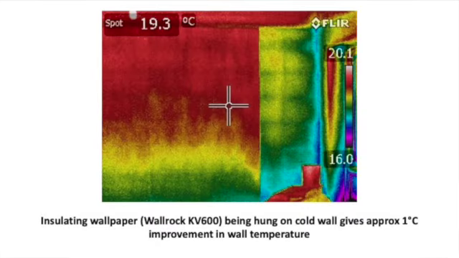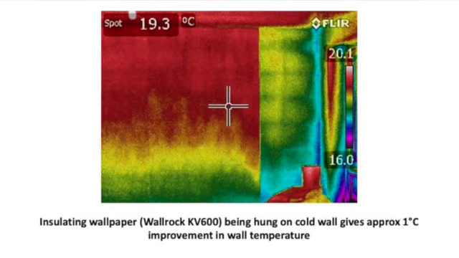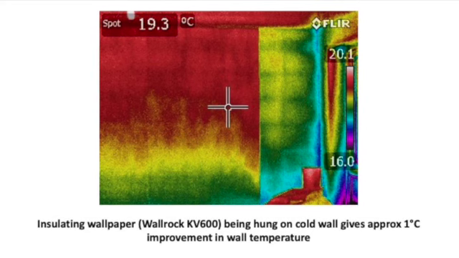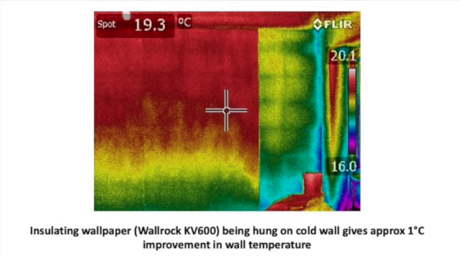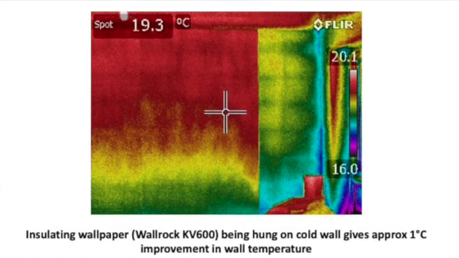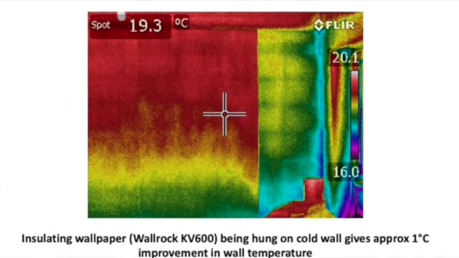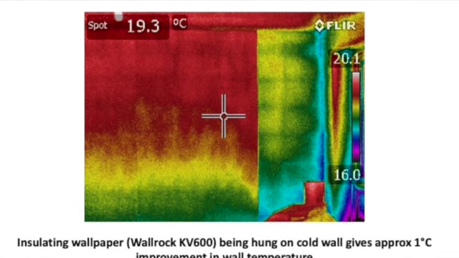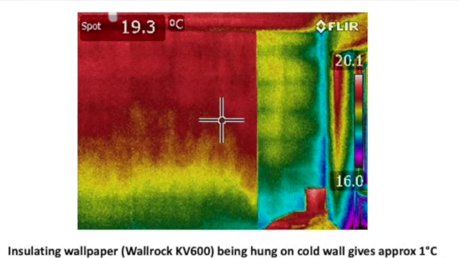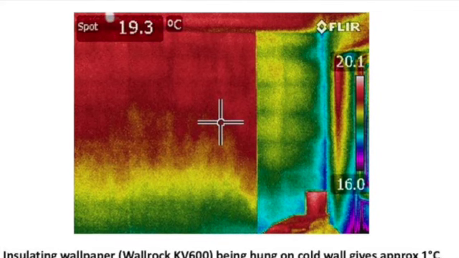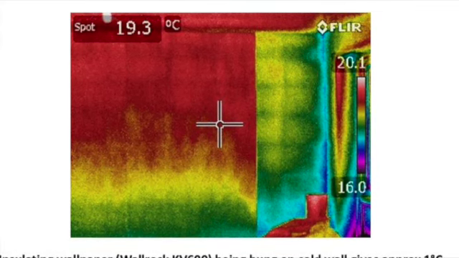Another option for cold walls is to stick insulating wallpaper on them. This wall rock product is listed by the Energy Saving Trust, and as can be seen in this image, a wall which was partway through being covered with wall rock KV600 was already about 1 degree C warmer compared to where the wallpaper hadn't yet been applied.